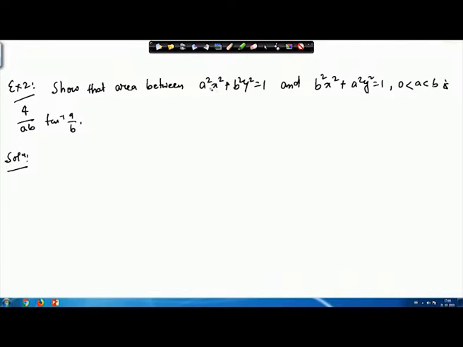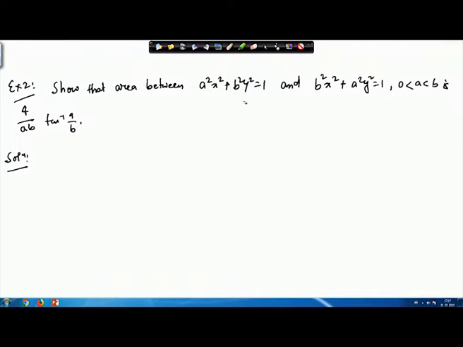So we can see clearly that if we divide both sides by a² b², then this will be x²/b² + y²/a² = 1/(a² b²). And similarly, this will be x²/a² + y²/b² = 1/(a² b²). So in that case it's basically an equation of an ellipse.